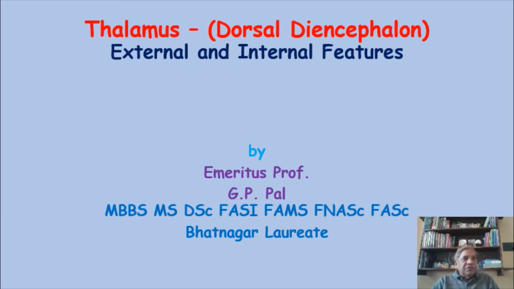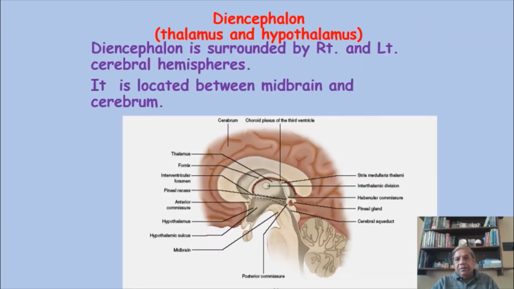Moving to the next slide. This is just a repetition of what we saw in the last video. The diencephalon is broadly divided into thalamus and hypothalamus, and the demarcation is the hypothalamic sulcus.